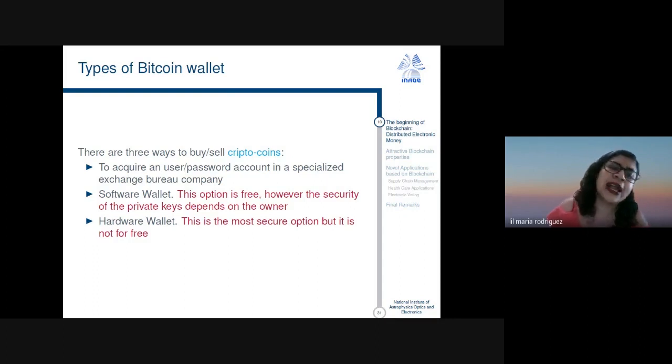Or I can have a software wallet, but in that case, I have to be very careful with my private keys. I have to keep them secure. And also, I can use a hardware wallet. This is the most secure option, but it's not free, so I have to pay to get this hardware wallet.